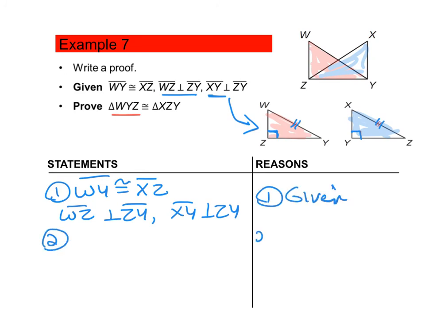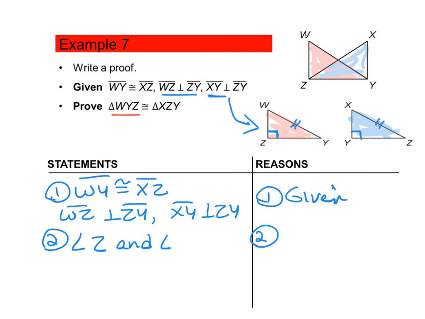All of this was given to us. Now let's go back and see what else we can get in here to prove that these two triangles are congruent. So just by my stating that these are perpendicular, I also have to establish that angle Z, and because I pulled them apart, I can name it with just one letter. However, if I would have left it in there, then I would name it with 3.